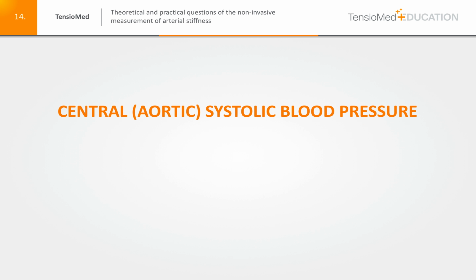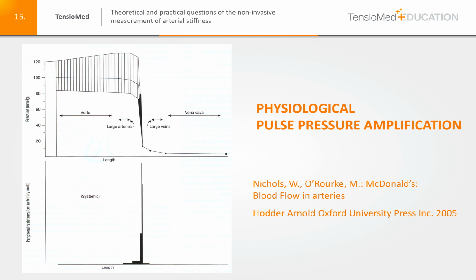The third parameter is the central aortic systolic blood pressure. In this picture, we can see the behavior of the pressure in the arterial tree, beginning from the aortic root towards the periphery. The mean arterial pressure and the diastolic pressure show just a very gentle change.